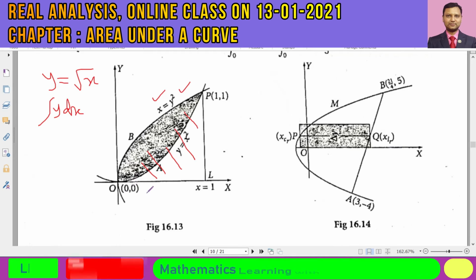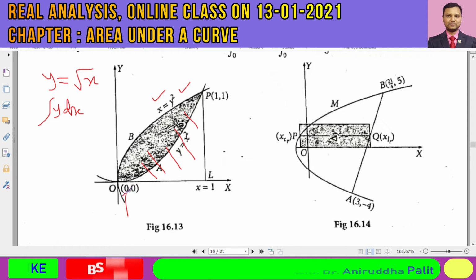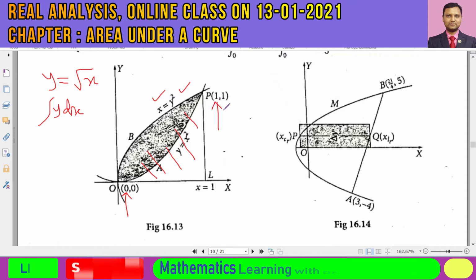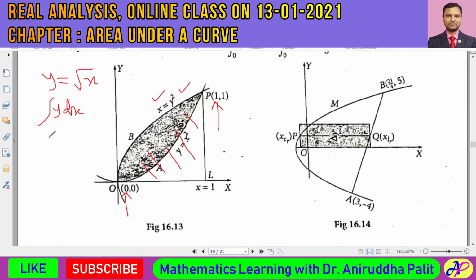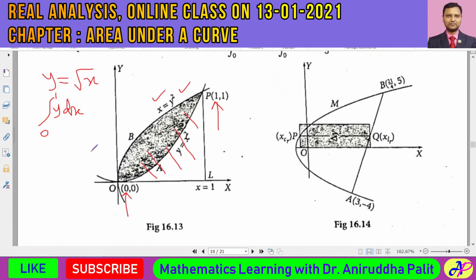What would be the lower limit? The lower limit is the x coordinate of the point O, and the upper limit of x should be the x coordinate of this point P. So x should vary from 0 to 1. In this way, you find the total area under this upper curve.